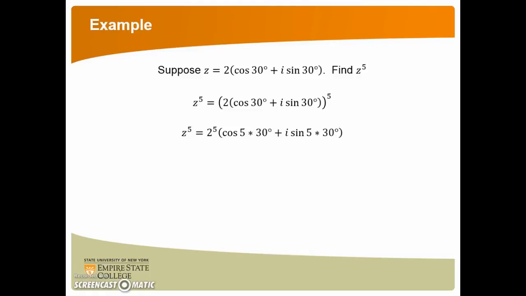We apply de Moivre's theorem. This means that our complex number raised to the 5th power equals 32 multiplied by the quantity cosine of 150 degrees plus i times the sine of 150 degrees.